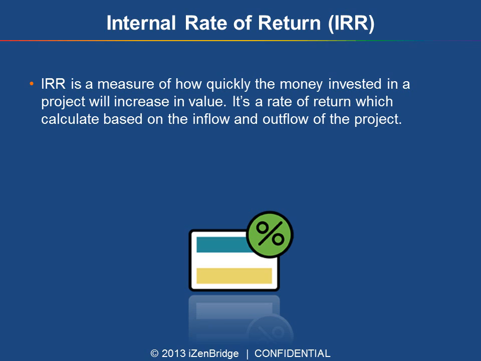While calculating net present value, we were assuming one discount rate, and on that basis we were calculating the end value of the project. While we calculate the internal rate of return, we just consider cash inflows and outflows, and we calculate that rate, the discount rate or rate of return which we can get from this particular investment decision.